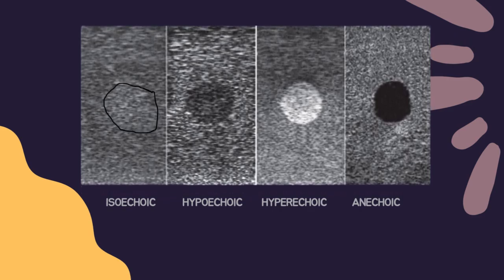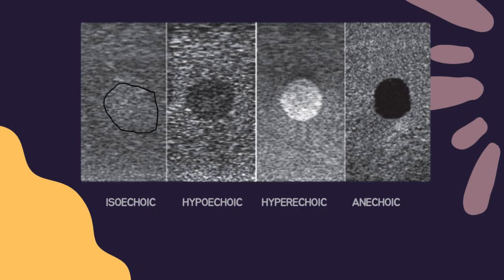Likewise, in this frame, we see different appearances within the echogenicity spectrum in context with surrounding tissue, as we would see on an ultrasound image. On the far left, we have an isoechoic area, which has pretty much the same level of grayness as the surrounding tissue. This is followed by a hypoechoic area, which has a darker shade of gray than the surrounding tissue.